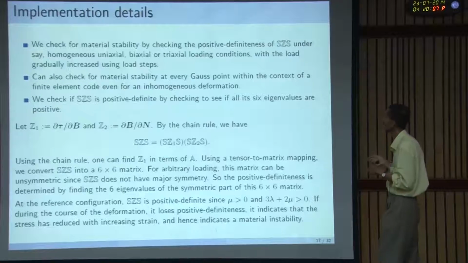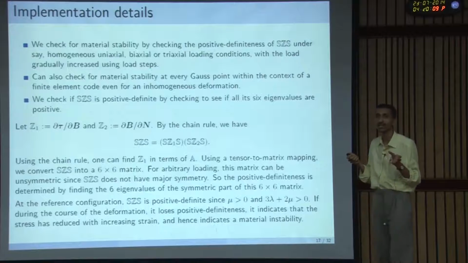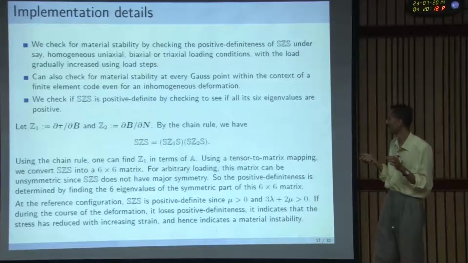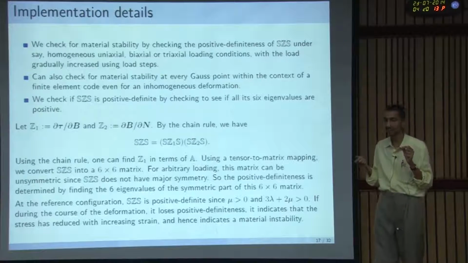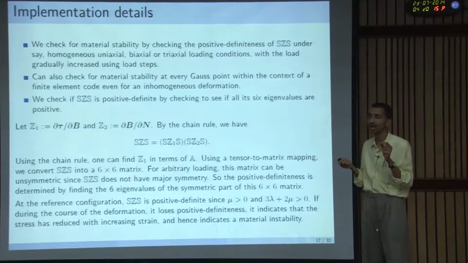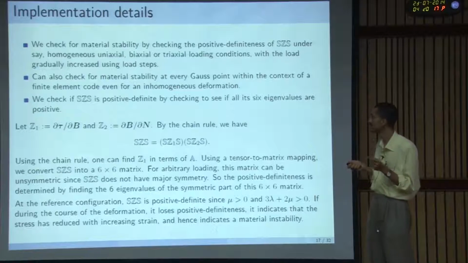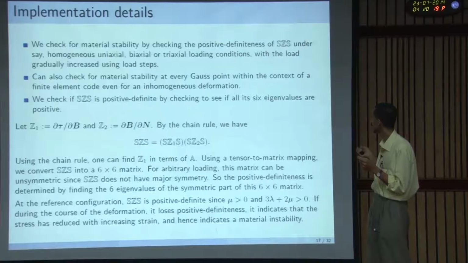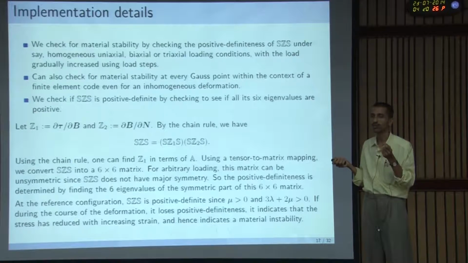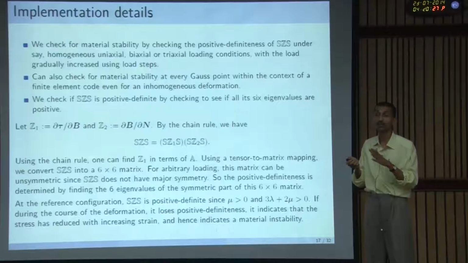Okay, so now how do we actually check it? Just like we check the positive definiteness of a second order tensor by checking its eigenvalues, in the same way we check the positive definiteness of this SZS by checking the eigenvalues. It has to be tested for all possible deformations, but that is not possible.